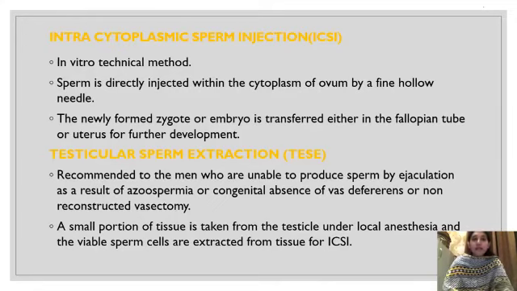Now this is for men who are unable to produce sperm by ejaculation. Men who don't have sperm in their semen, or men who have absence of vas deferens from birth, or there has been a non-reconstructed vasectomy, that means the vas deferens is not complete. So in that case, what is done?